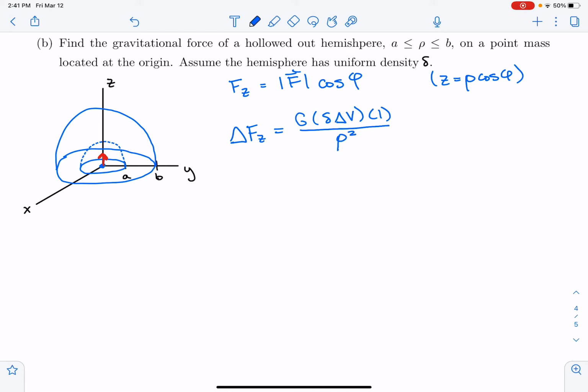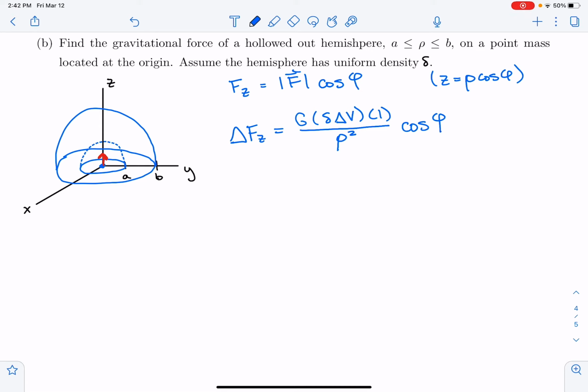The distance of the little bit of mass in the hemisphere, some delta V, from the origin is rho, so we divide by rho squared. And then of course we multiply by cosine phi.